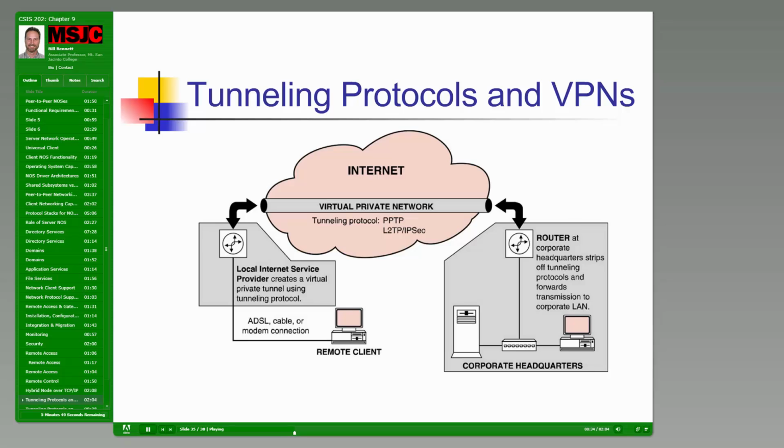Because the exchange of information between the client and the server is encrypted, theoretically, even if someone were able to grab the information as it traveled across the internet, they wouldn't be able to comprehend or actually see what the information was, because it's in a scrambled, encrypted format.